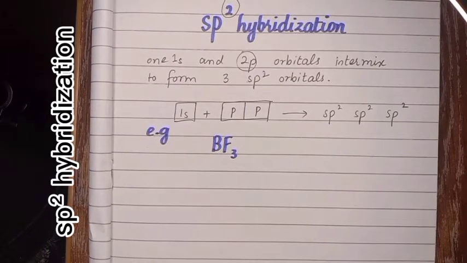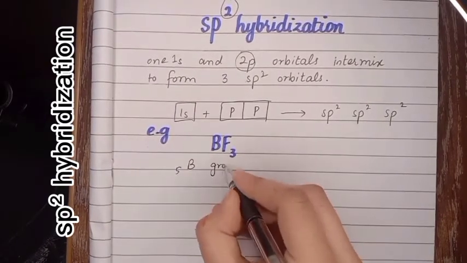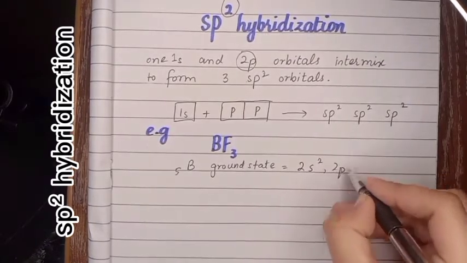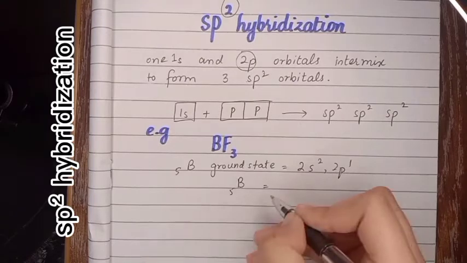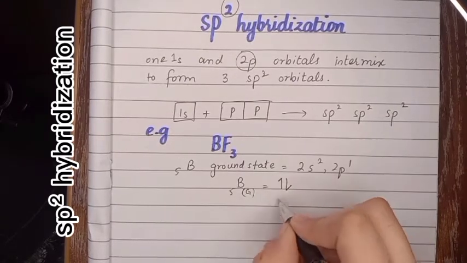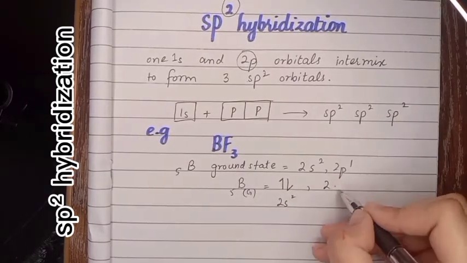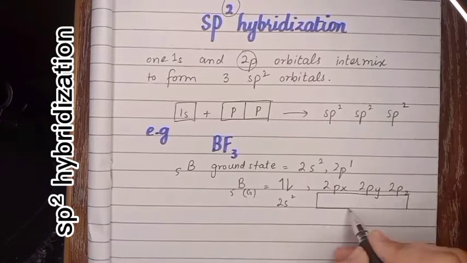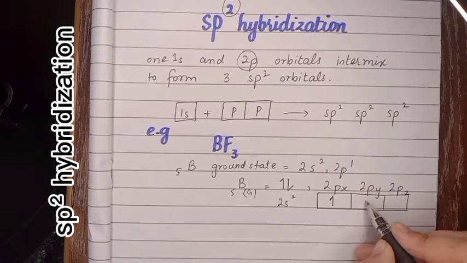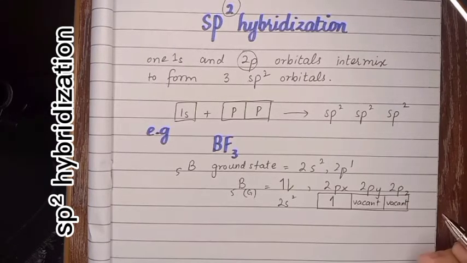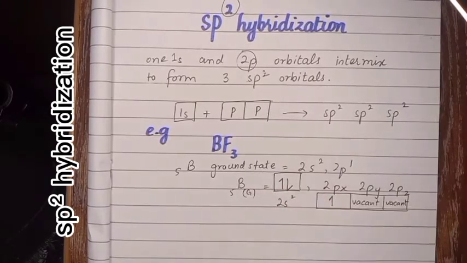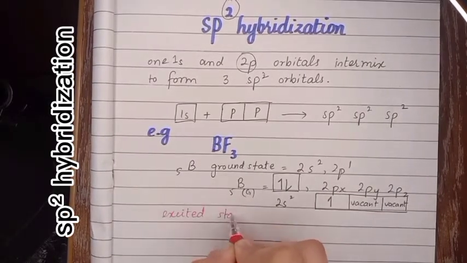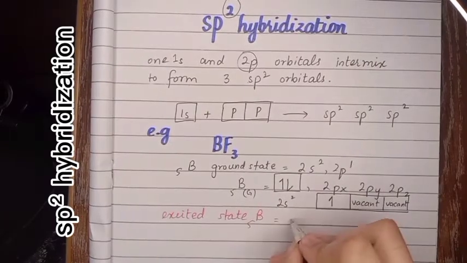Taking the example of BF3, Boron Trifluoride, the ground state electronic configuration of the central atom B is 2s2 2p1. So the ground state electronic configuration in the form of the electrons will be this. When boron is in the excited state, one electron from the 2s jumps into the 2py orbital as it is vacant.